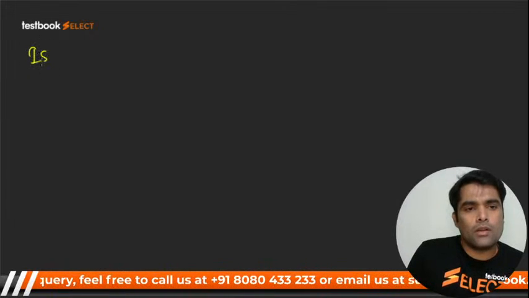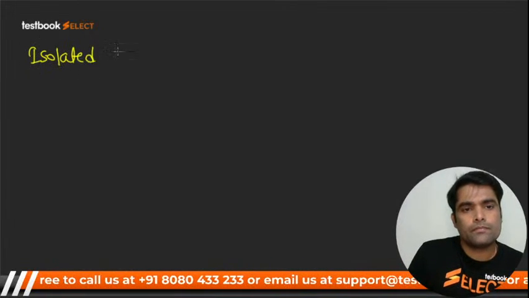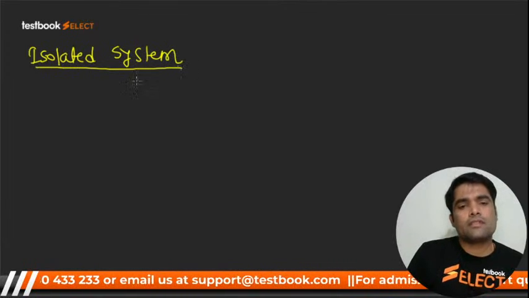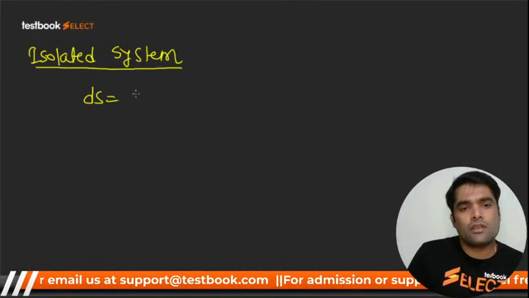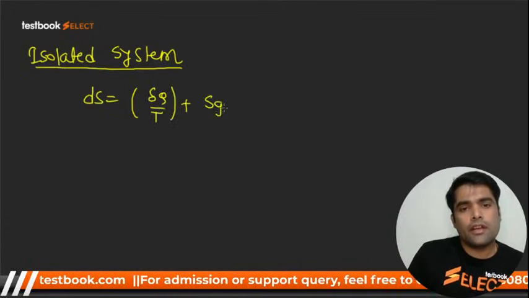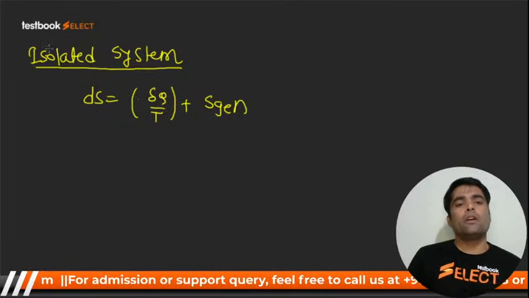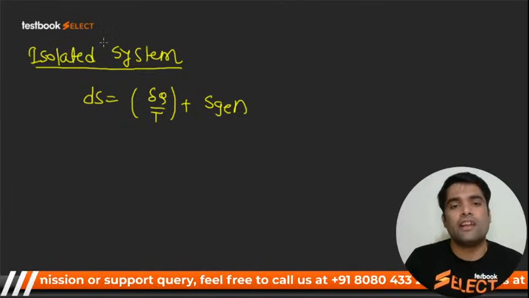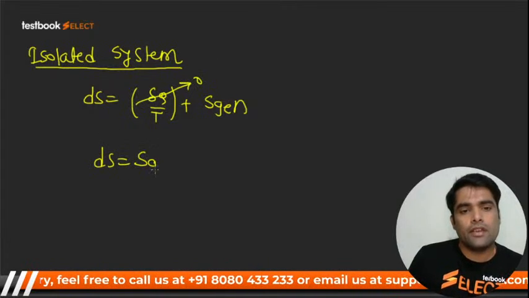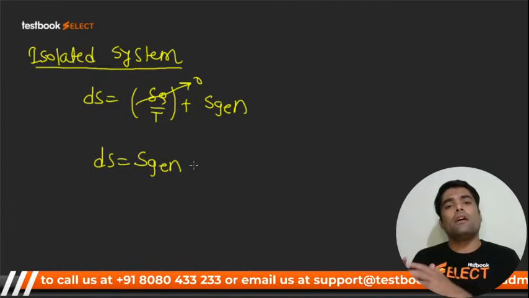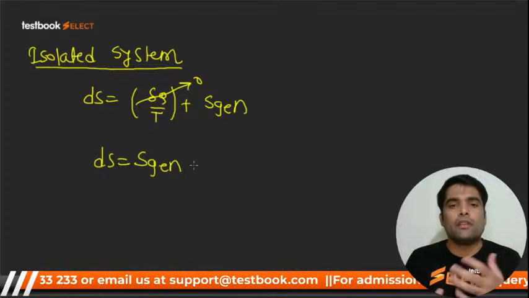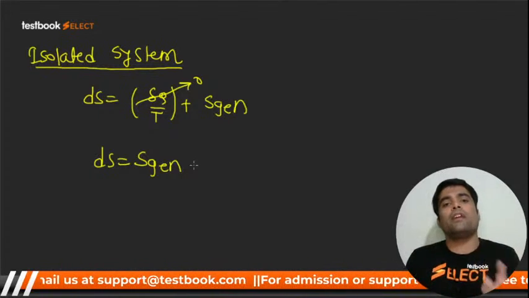So remember one thing. Now if I talk about an isolated system. In an isolated system we have the formula ds equals del q by T plus entropy generated. Because it is an isolated system, there is no energy interaction, so del q by T goes to 0. That means ds equals entropy generated, whatever amount of entropy is generated during the process.